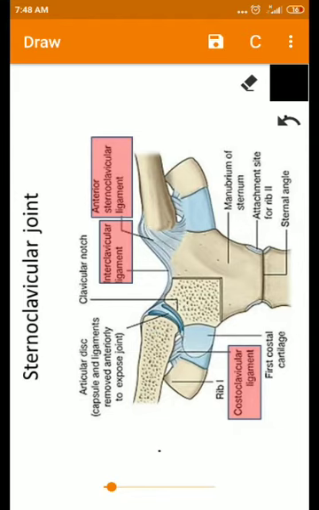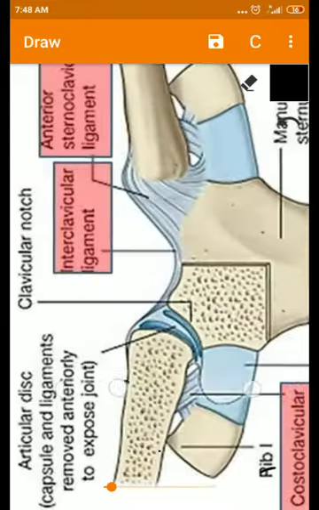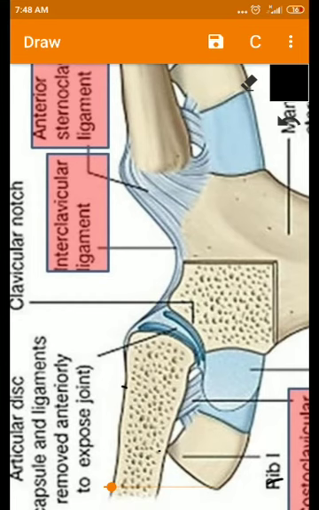The first one is the joint capsule. So this capsule is enclosing the articular ends of the clavicle, the clavicular notch of the manubrium sterni and the first costal cartilage.